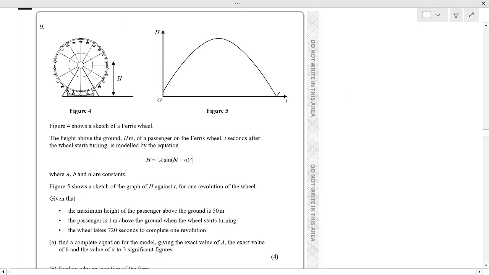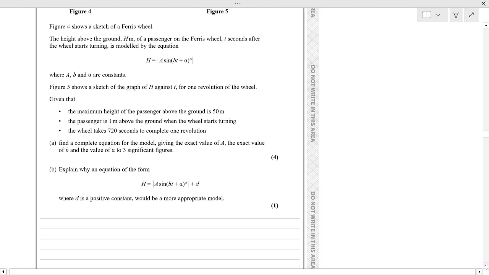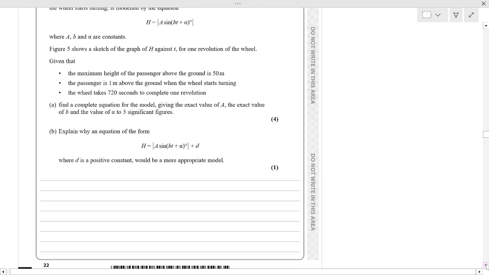I guess we're going to start going one by one, right? So, part A, I'm going to use the first bit of information first. The maximum height above the ground is 50.